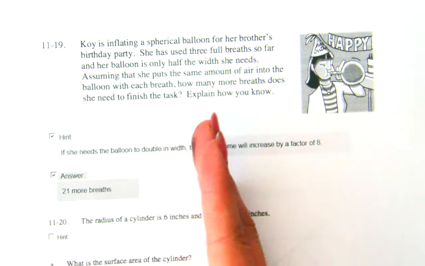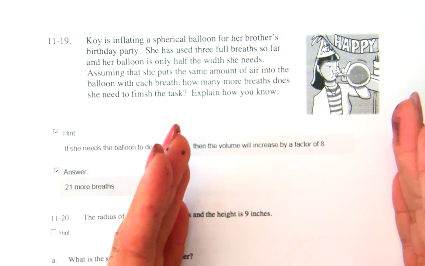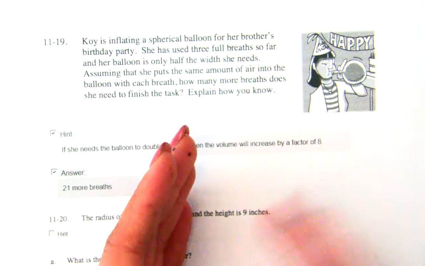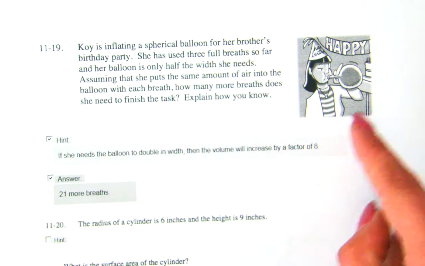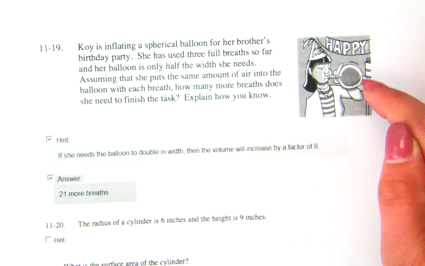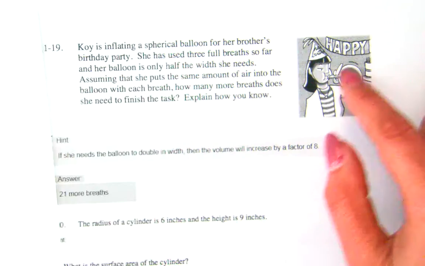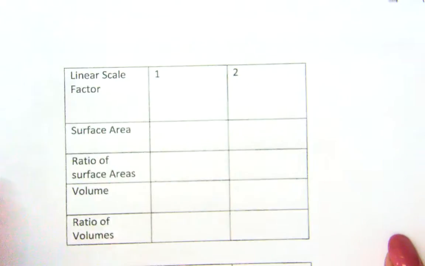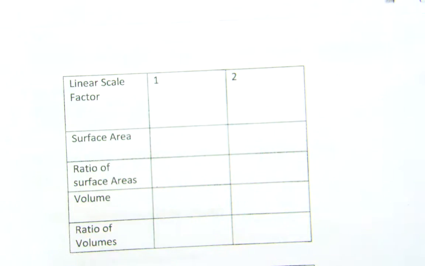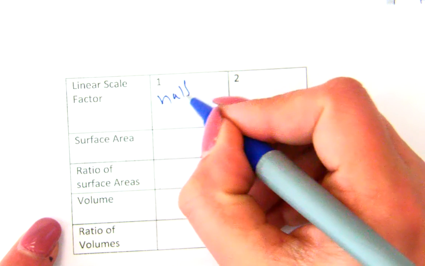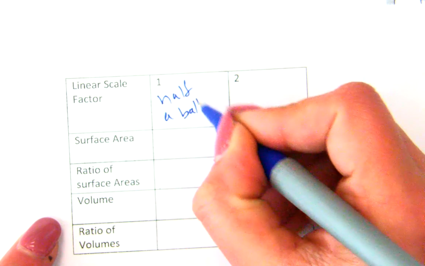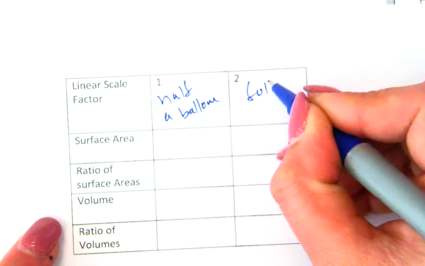If you're halfway, and you put in another halfway, you've gone twice the number on the linear scale factor. So if you go to the thing that we did today, if your linear scale factor, this is half a balloon, this is the full balloon.